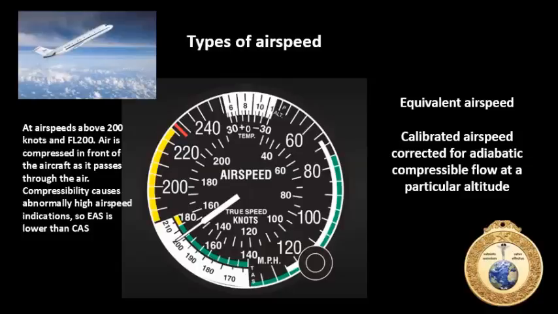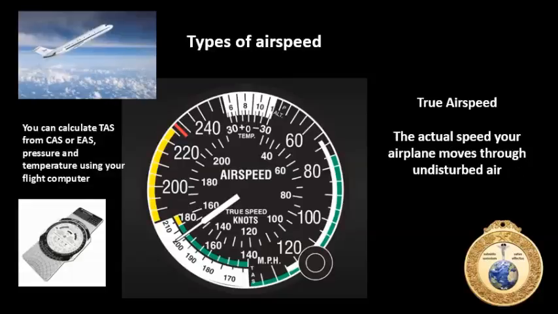Compressibility is air just bunching up in front of the airspeed indicator or Pitot tube, ram air. As we get speeds above 200 knots, air bunches up in front of the airplane and gives us abnormally high airspeed readings, so we have to be able to correct for that.